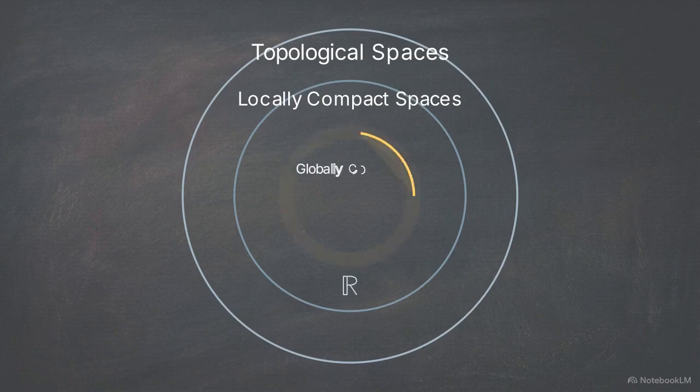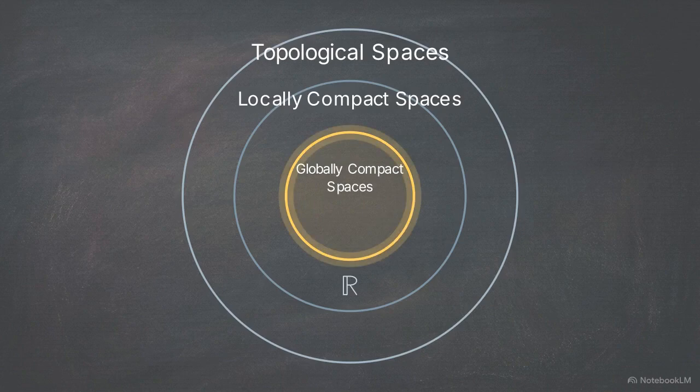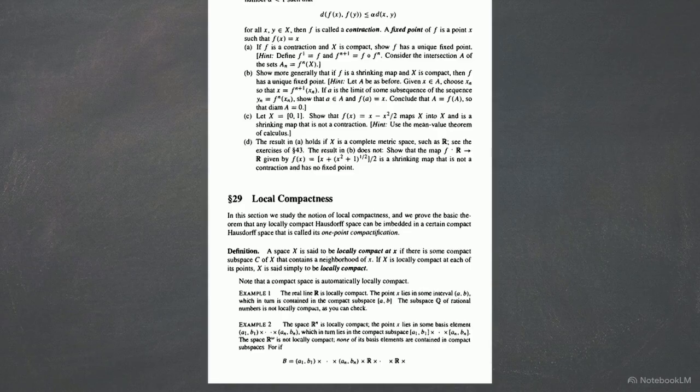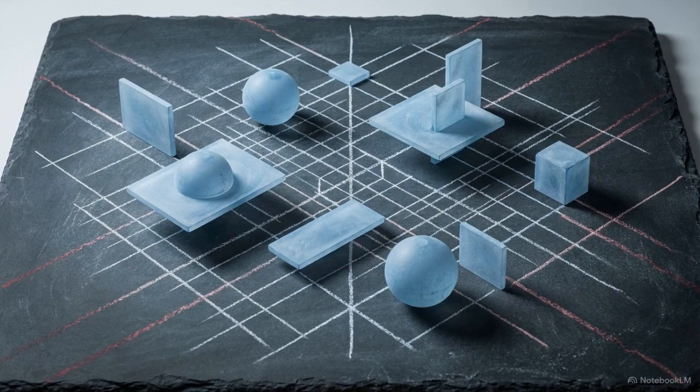Finally, we reach the most exclusive inner ring, globally compact spaces. Here we find our securely bounded 0 to 1 interval. The text explicitly notes that global compactness is the most demanding condition. If a space is globally compact, it automatically inherits local compactness. This hierarchy serves as a diagnostic map. It allows mathematicians to precisely locate where a specific space loses its structural integrity.